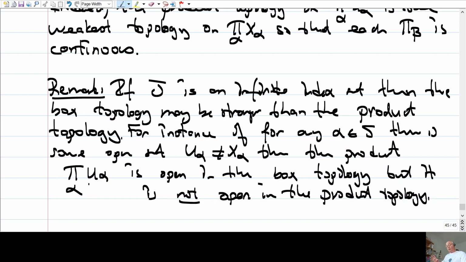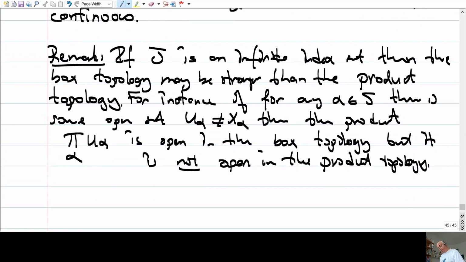Because in the product topology, we allow only finitely many factors to be different than X alpha. But here, there are infinitely many such factors. Therefore, a product like this is not open in the product topology.